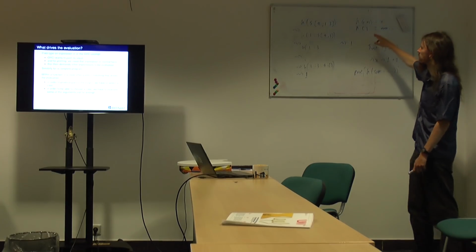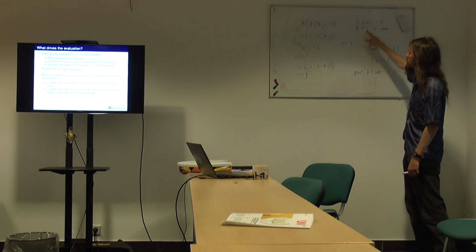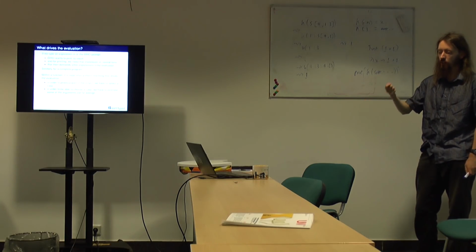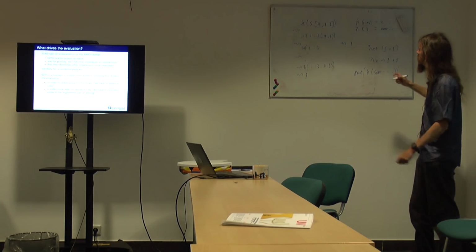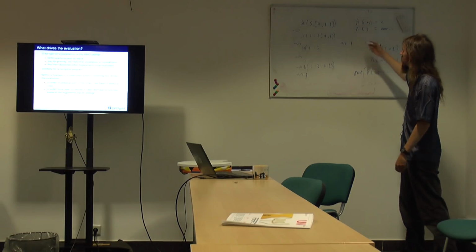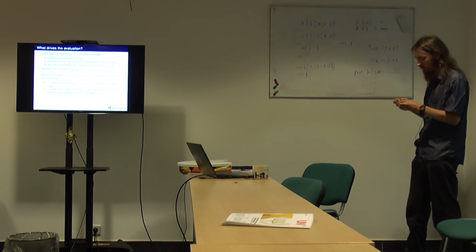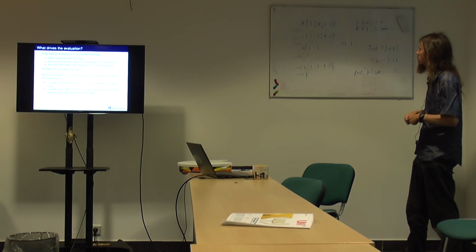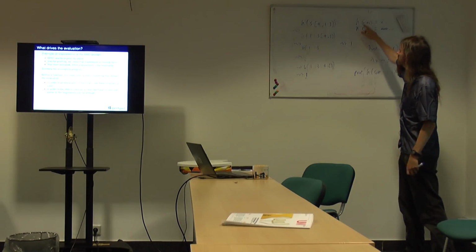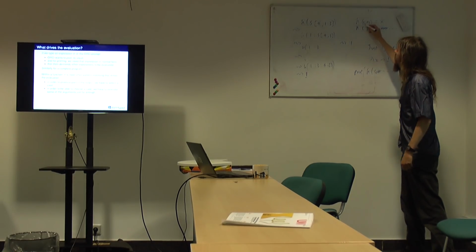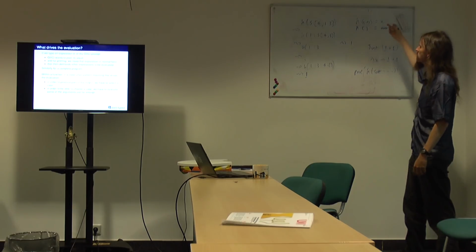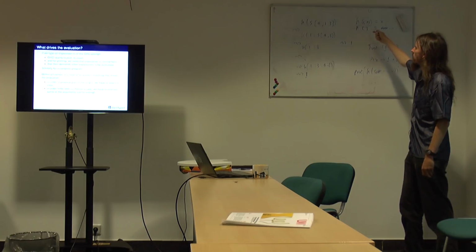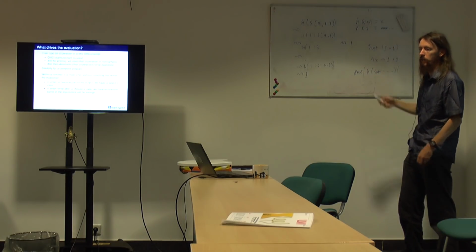Weak head normal form tells us the top level constructor, being either the empty list or cons. So what drives evaluation is pattern matching. Whereas, if we had an identity function, we can apply that and reduce it without doing any further evaluation. These arguments here do not get immediately evaluated by doing this reduction because they're not pattern matched on. So it's pattern matching that drives evaluation.